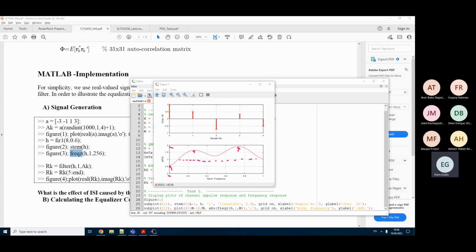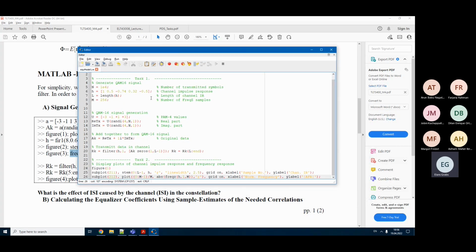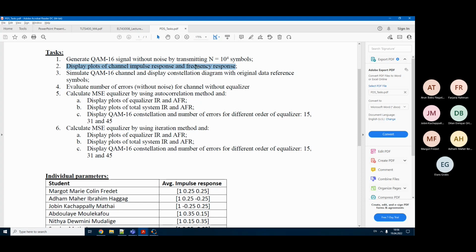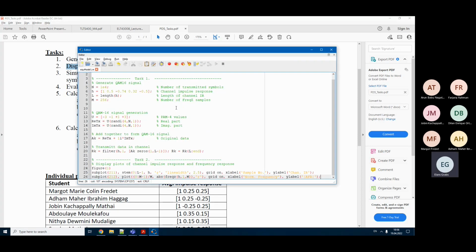So this will distort our data if we transmit a signal in such a channel. So that is our task 2, to display plots of the channel impulse response and channel frequency response.